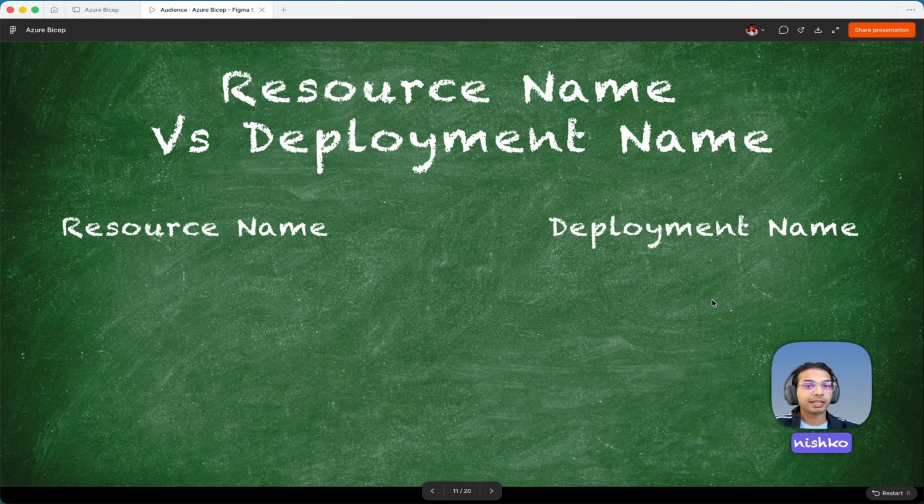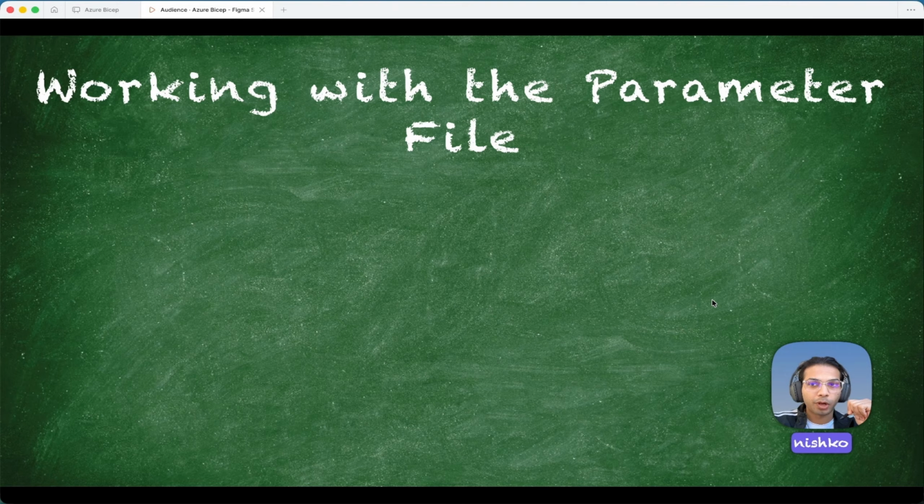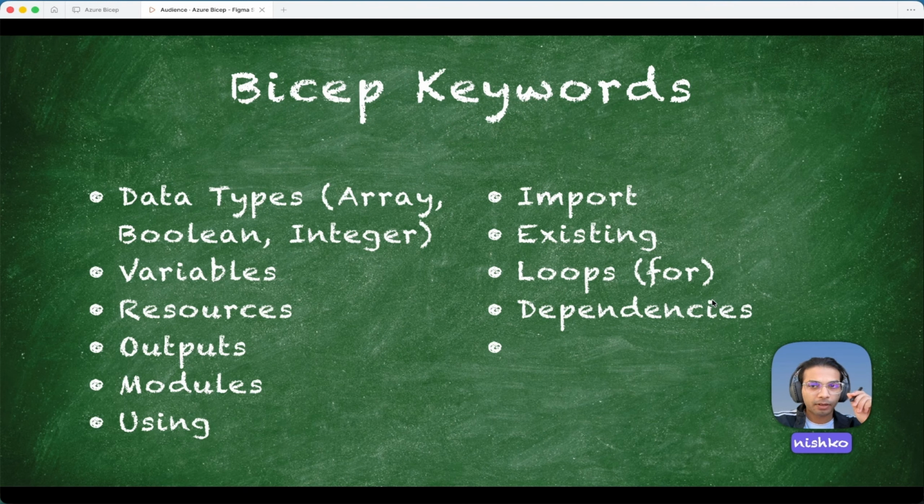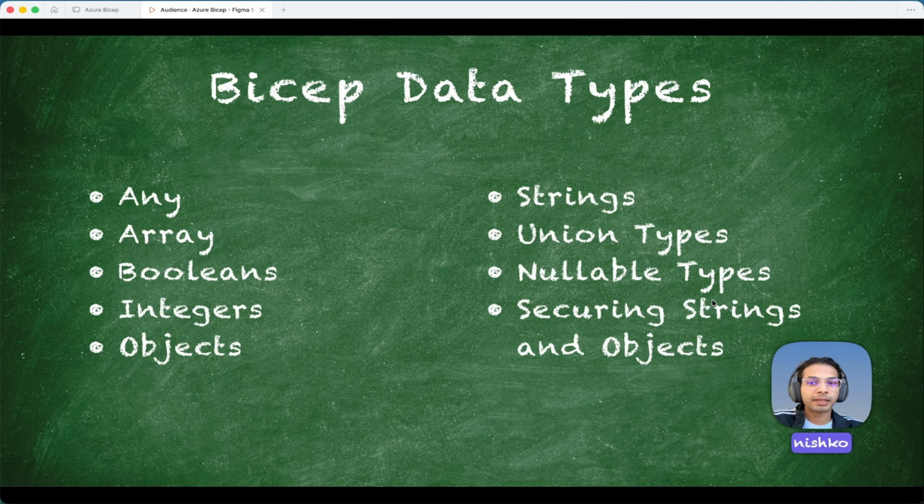We discussed the difference between resource name and deployment name, and working with the parameter file. We also covered the data types. What are the different data types present in Azure Bicep? We discussed the keywords, and then specifically the data types, for example array, Boolean, integer, whatever data types are present in Azure Bicep, and how we can use them.